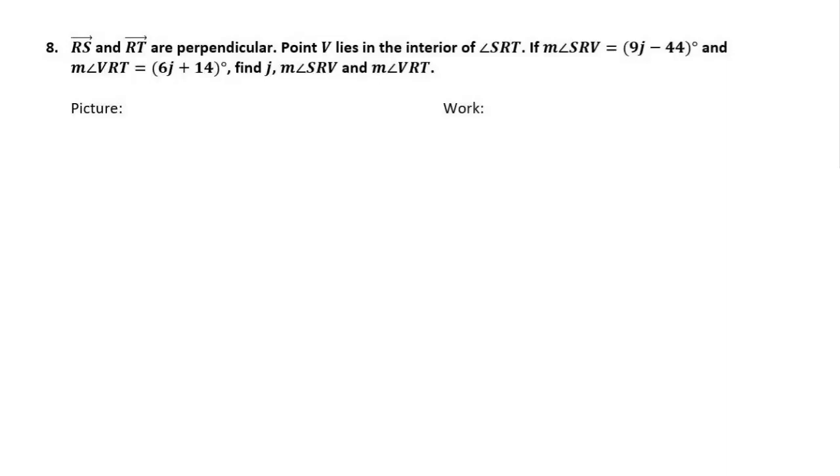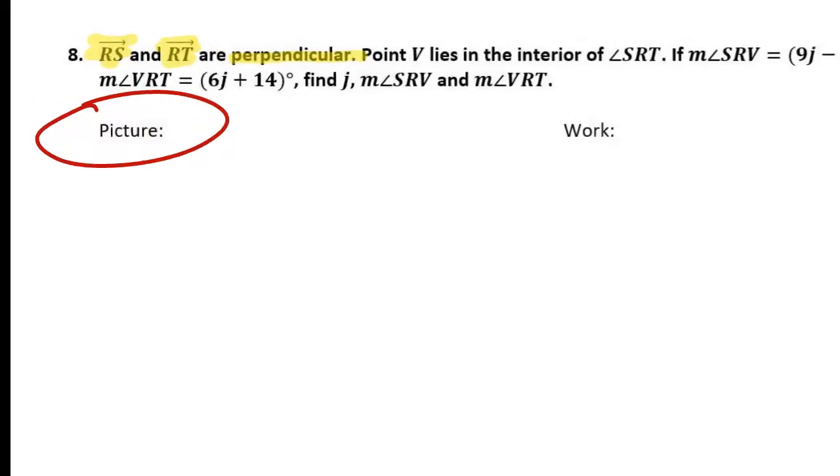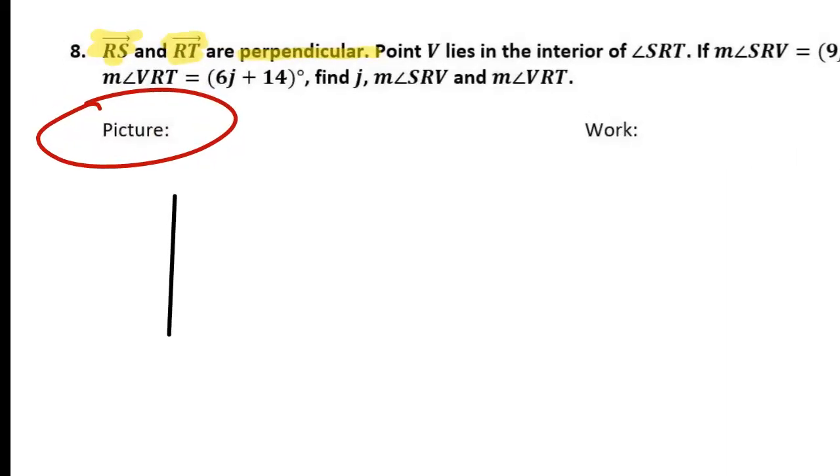I notice on number 8 they want me to draw a picture. It says that ray RS and RT are perpendicular. So I need a ray. I'm going to put points R and S on this ray.